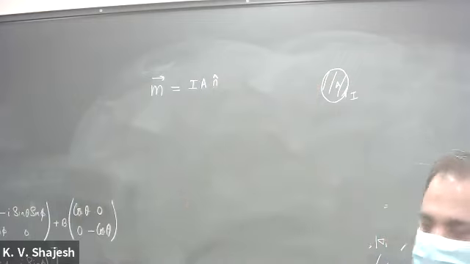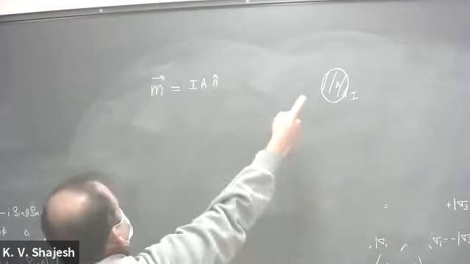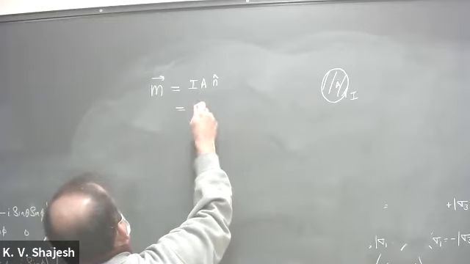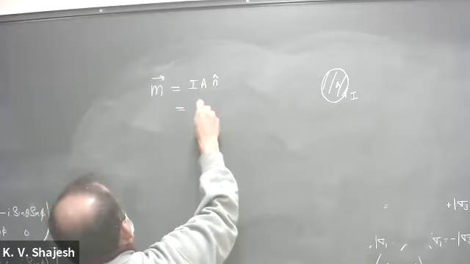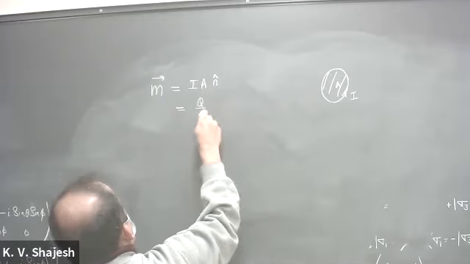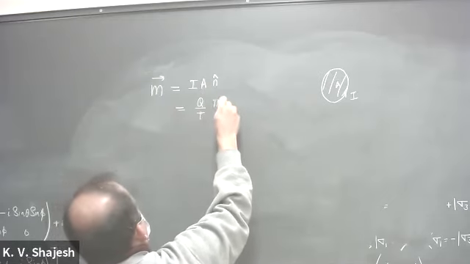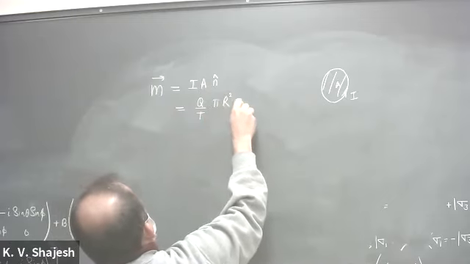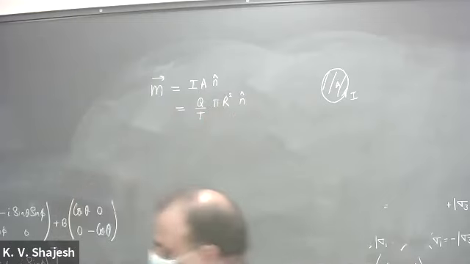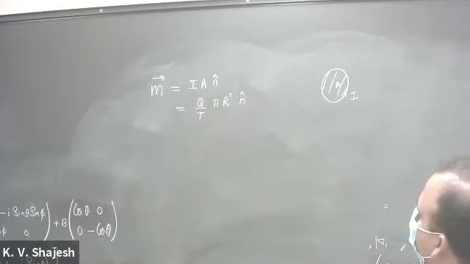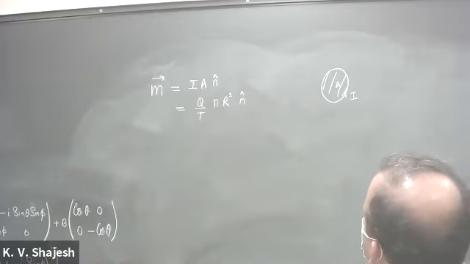Let's say this is a perfectly circular loop. So this is Q over some time period T, and then there is pi r squared, that's n hat. So that's your magnetic moment.